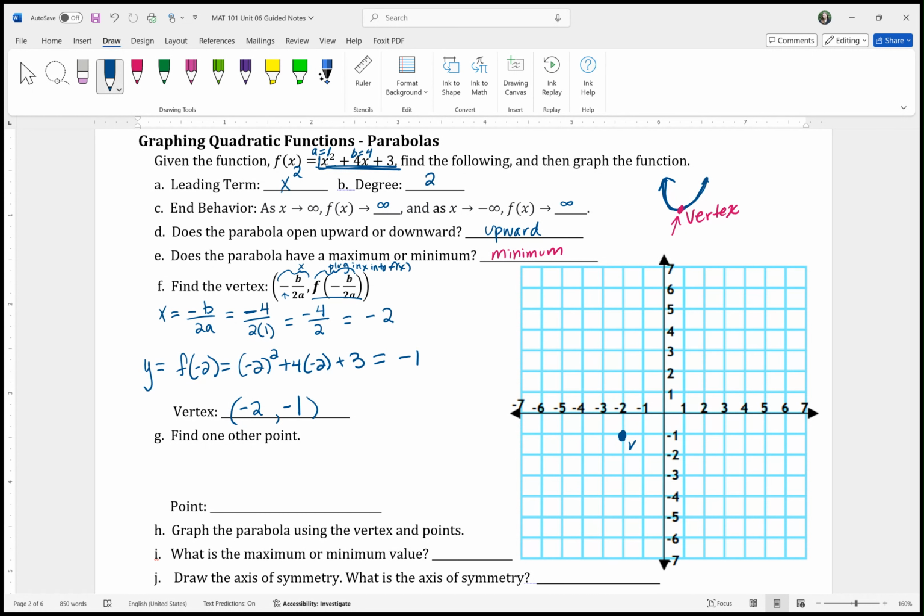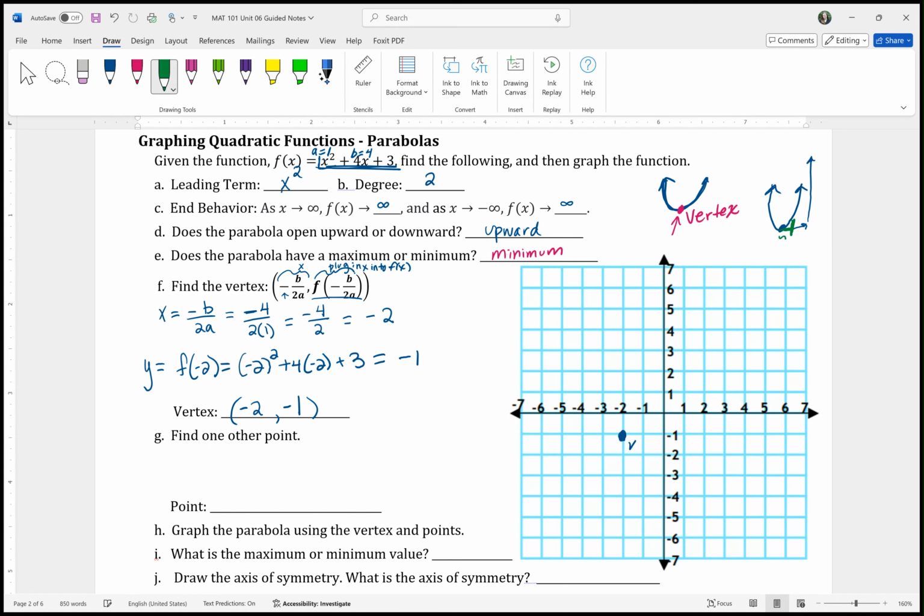You could pick any x value and plug it in to find a y value. However, just like with lines, if you pick certain values, you're going to be off the graph. And the way parabolas work is the further away you get from this vertex, the higher it's going to be. So my advice would be only go 1 unit from the vertex.